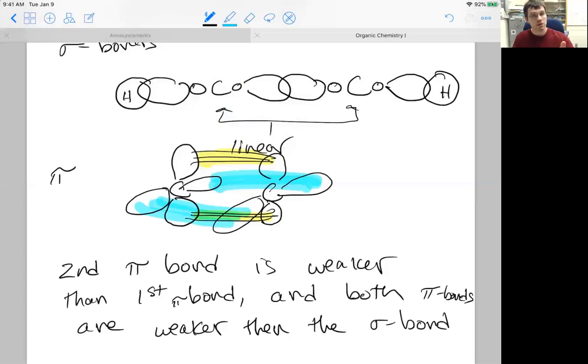So a sigma bond always beats a pi bond, and a second pi bond is worse than the first pi bond. But a sigma bond by itself is weaker than a sigma bond plus a pi bond, that's a double bond, which is weaker yet than a sigma bond plus two pi bonds. Each additional pi bond, even as they get weaker, still provides an overall increased strength connecting the two atoms together.